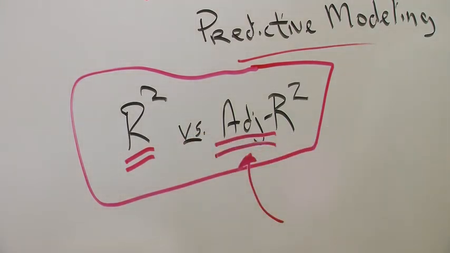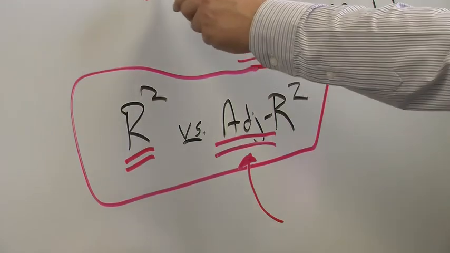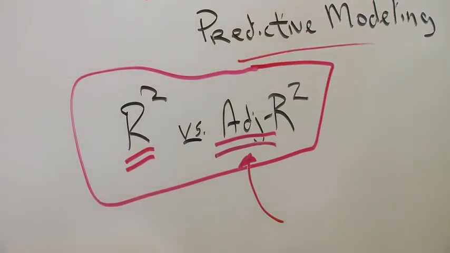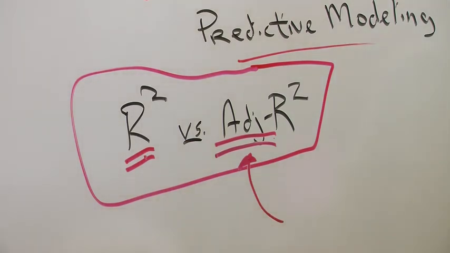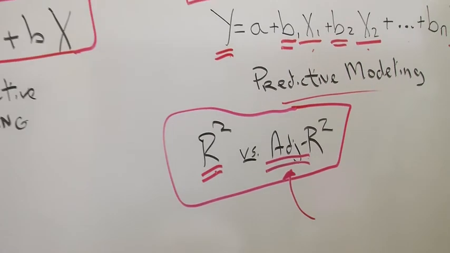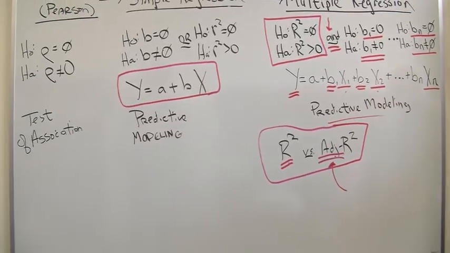Just as a word of guidance, if you want to say, how much of the variance in my dependent variable y is explained by my regression model, you should look at the adjusted R squared number rather than the R squared.